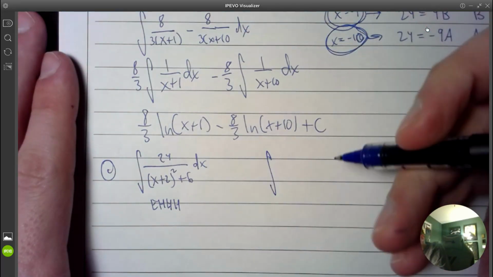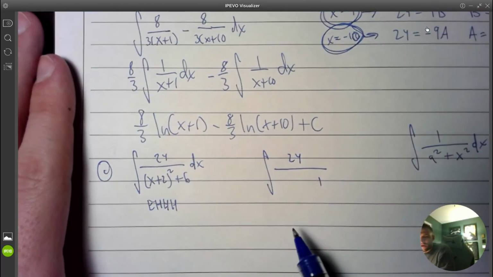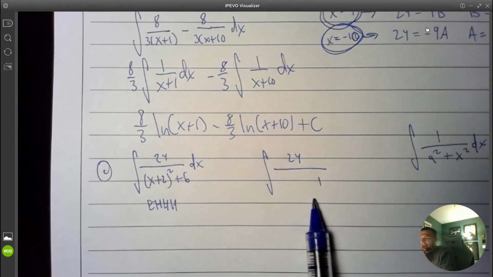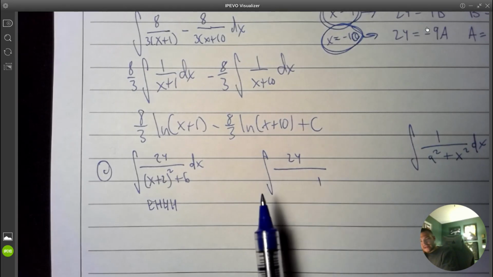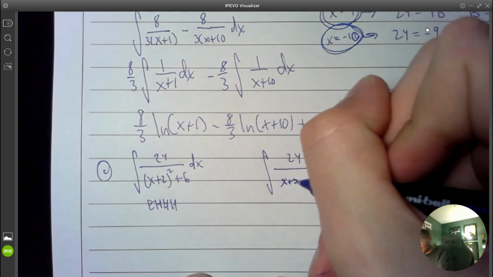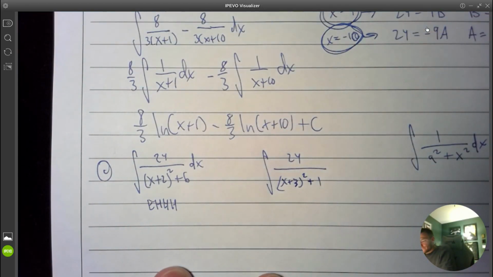I like 1. I like 1 because we're starting off with 10, and if we have 1 left over, that means we used up 9 for the difference of squares, which means we should have x plus 3 squared plus 1. And that plus 1 is going to make it pretty easy.